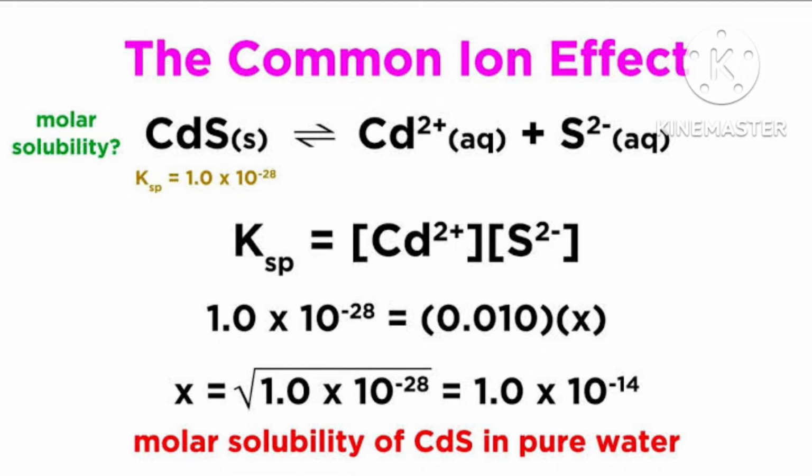Now I am going to discuss the common ion effect on solubility of ionic salts: how much salt will dissolve, and how a common ion will affect the solubility of ionic salts.